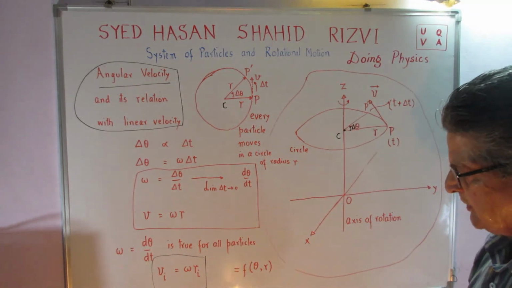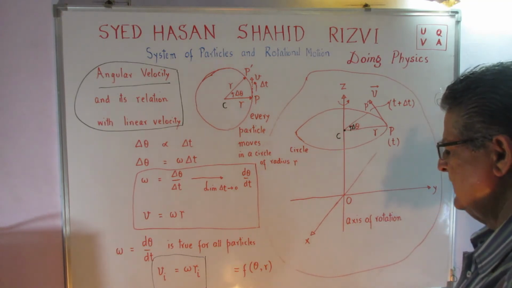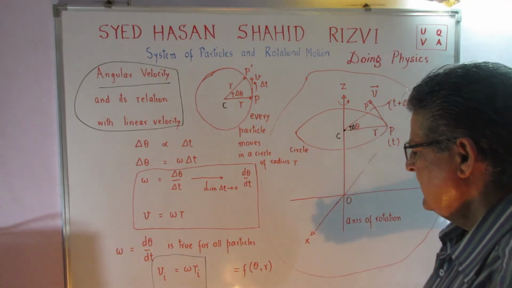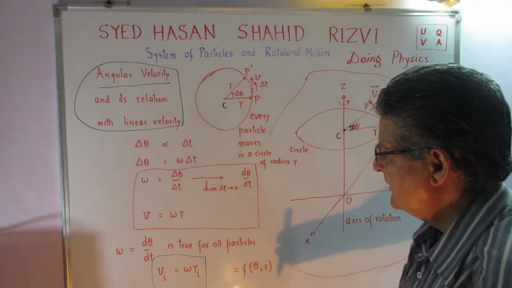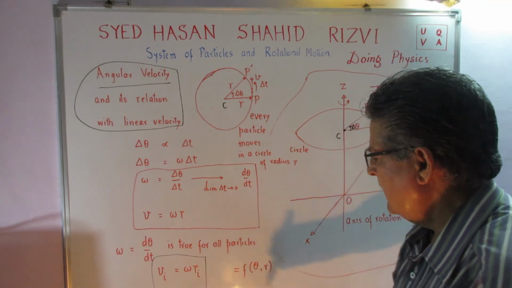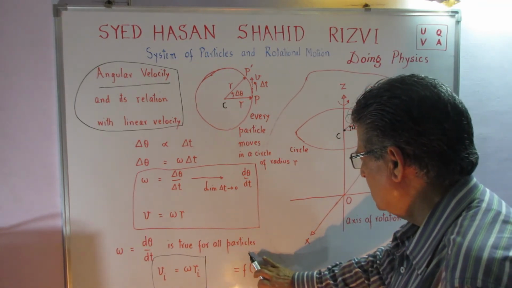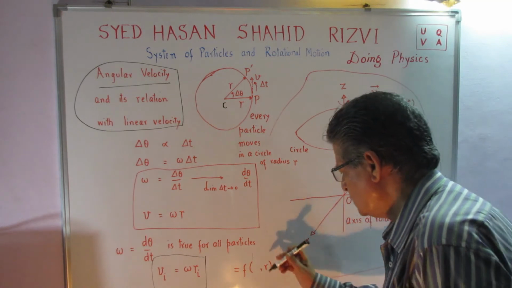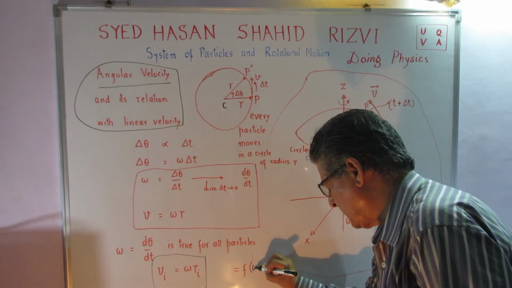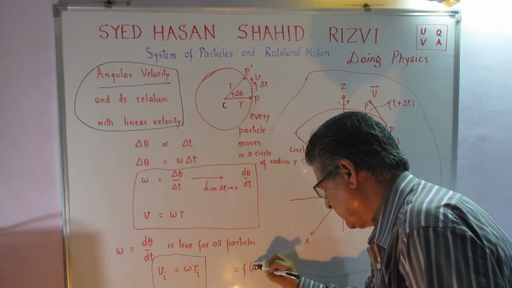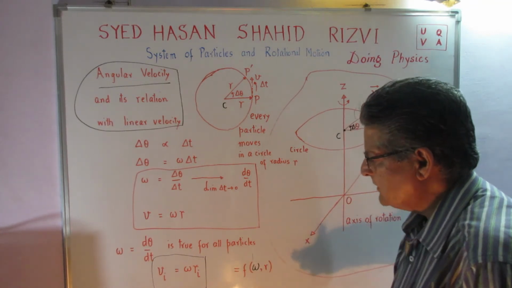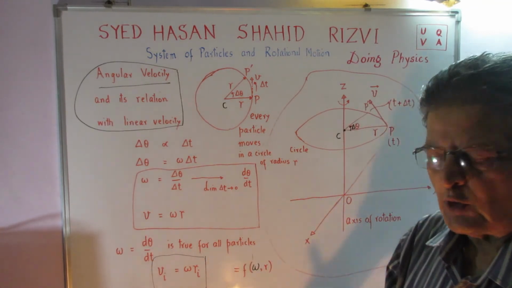So Vi depends on the value of omega and also on the value of r.